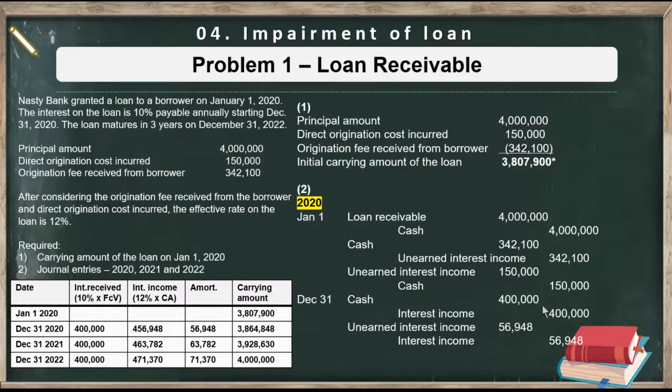And then a debit of 56,948, minus 56,948. So the balance is 135,152. Okay? So that's your balance in the unearned interest income.